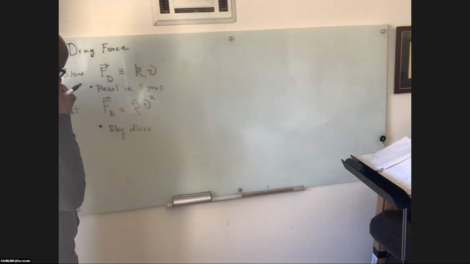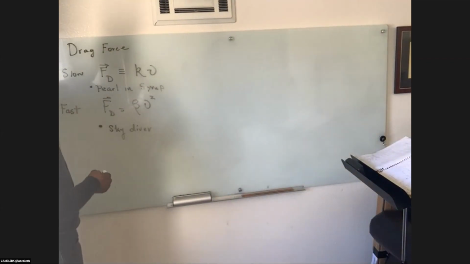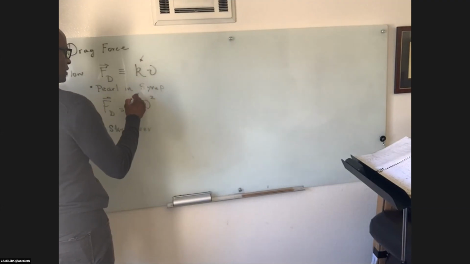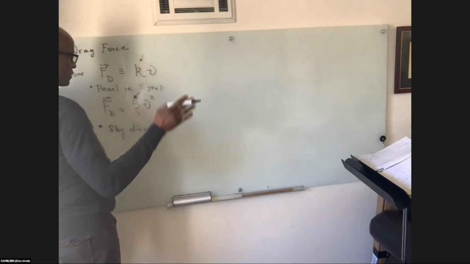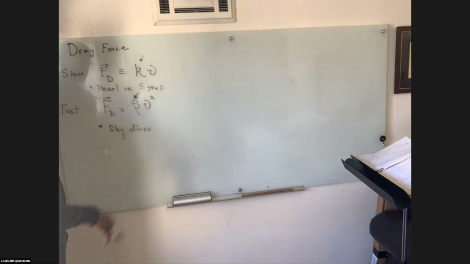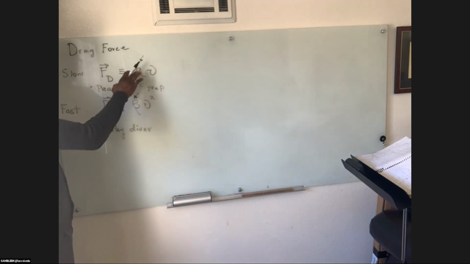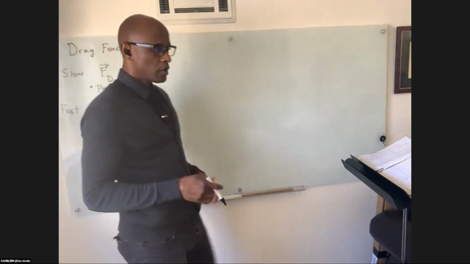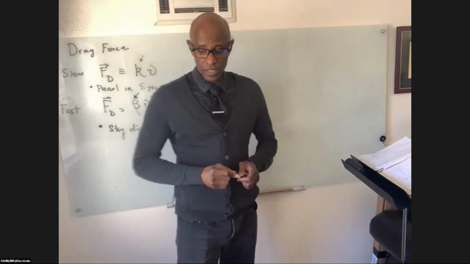Now, this drag coefficient, we're not going to discuss how to calculate it. We'll talk about that probably in Physics 39. Here we just assume it's a constant that's given to us for a particular medium. But what you find is that the drag coefficient is associated with the cross-sectional area of the object falling.